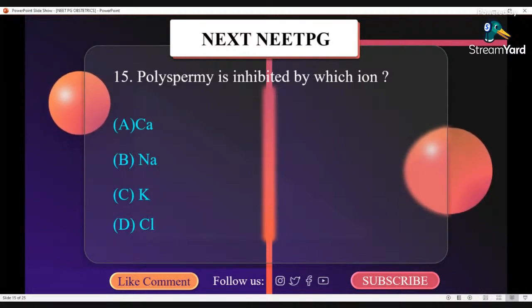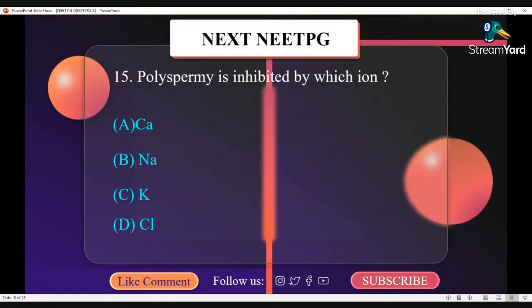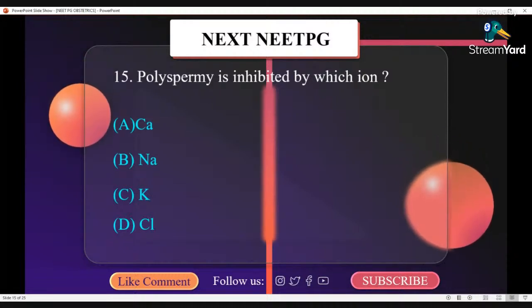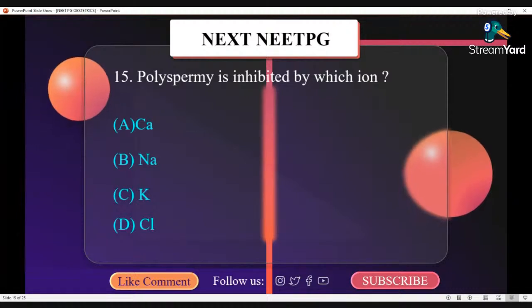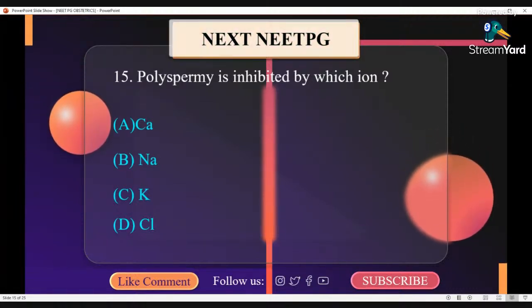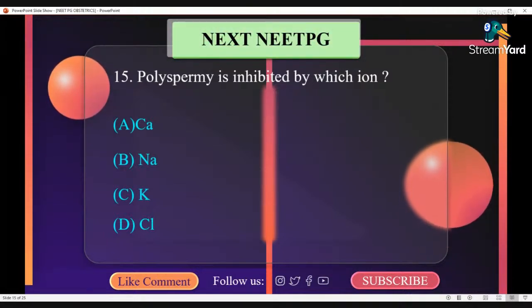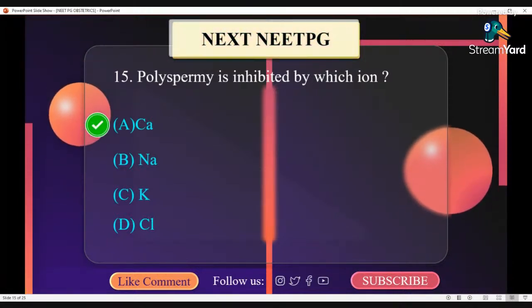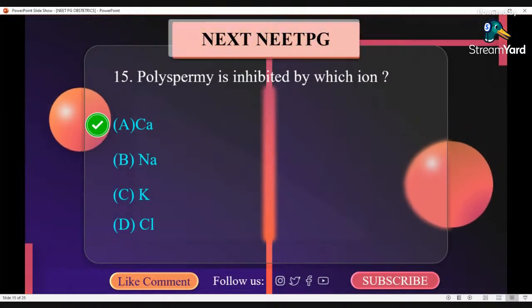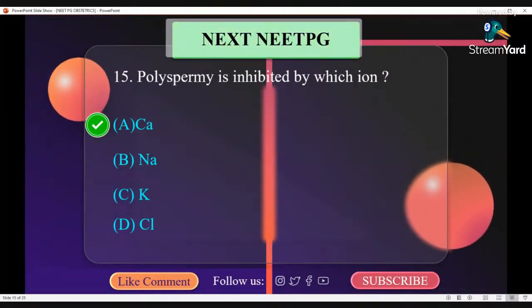Whether it is calcium, sodium, potassium, or chloride. Let us see what the correct option is. Polyspermy is inhibited by calcium. The correct option is A, calcium.